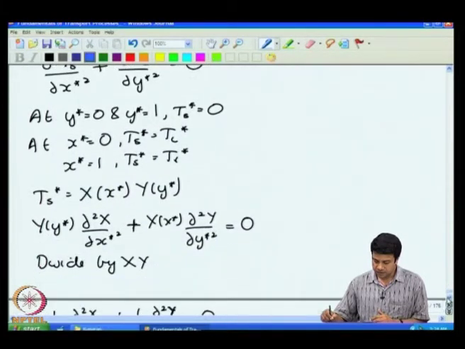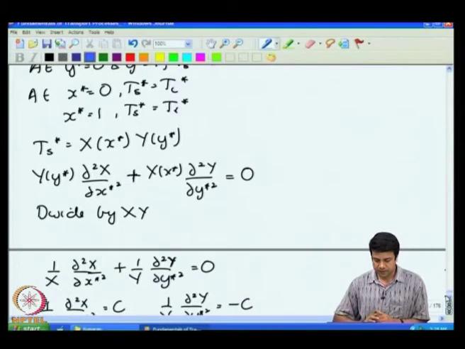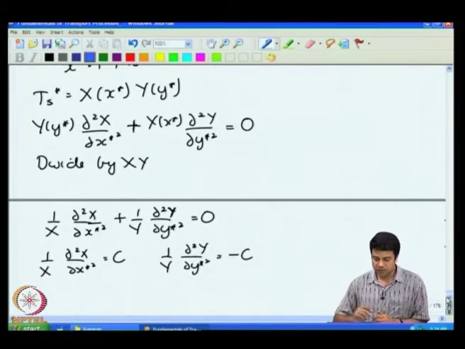We started off doing separation of variables. Ts is equal to a function of x times a function of y, substituted that into the equation, divided by X Y, and we got an equation which contained two terms. One is only a function of x, the other is only a function of y.